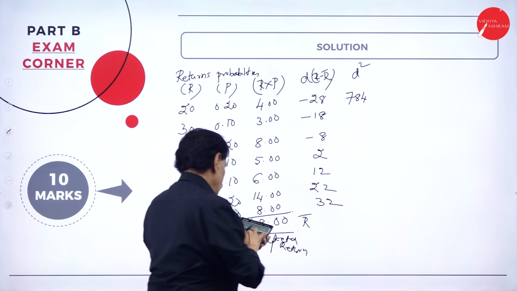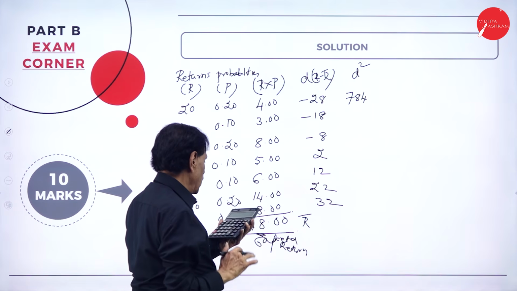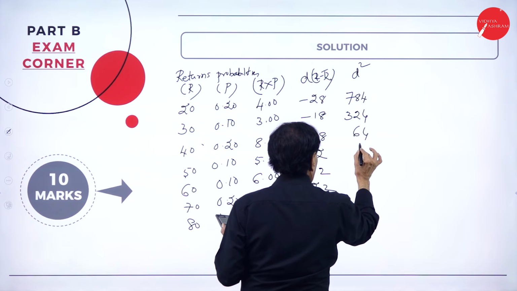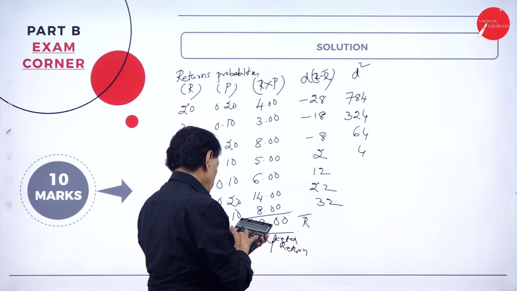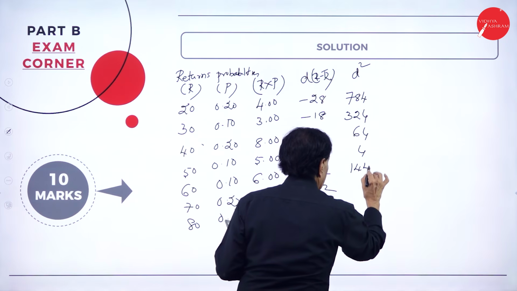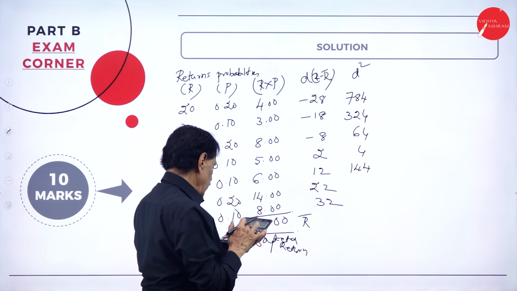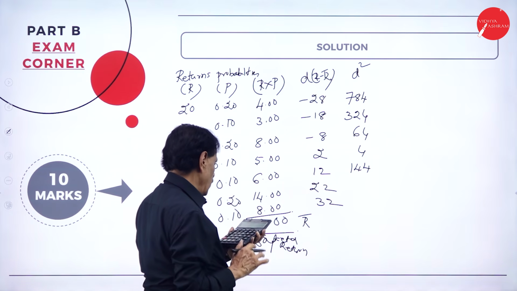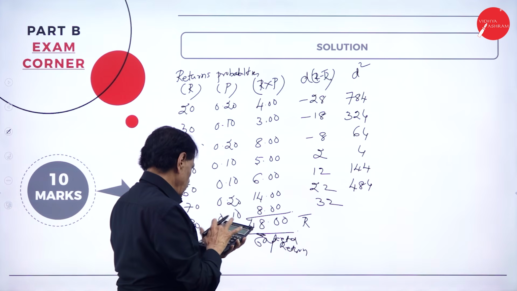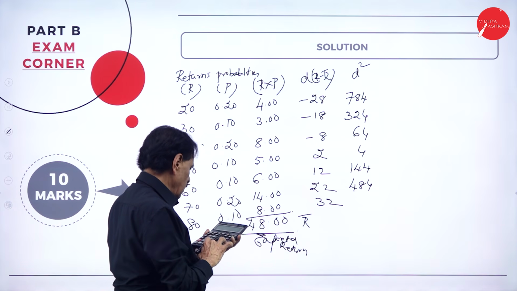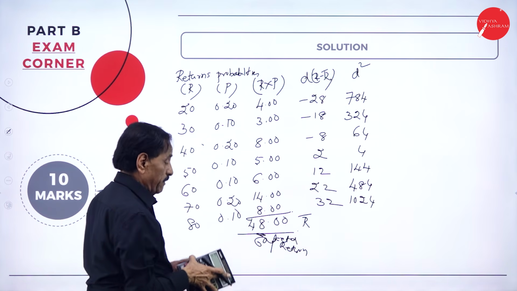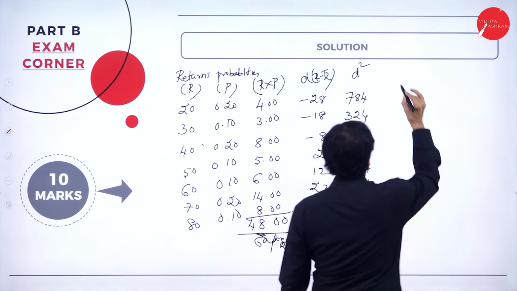Then 18 into 18, 324. 64, 4, 12 into 12, 144. 22 into 22, 484. 32 into 32, 1024. This is d square. Last step, P into d square.